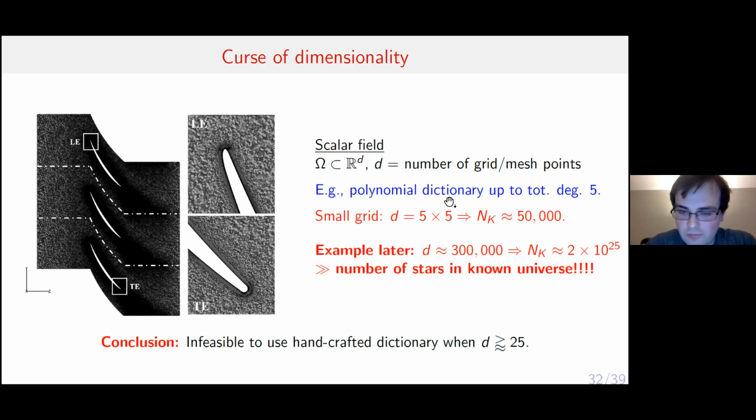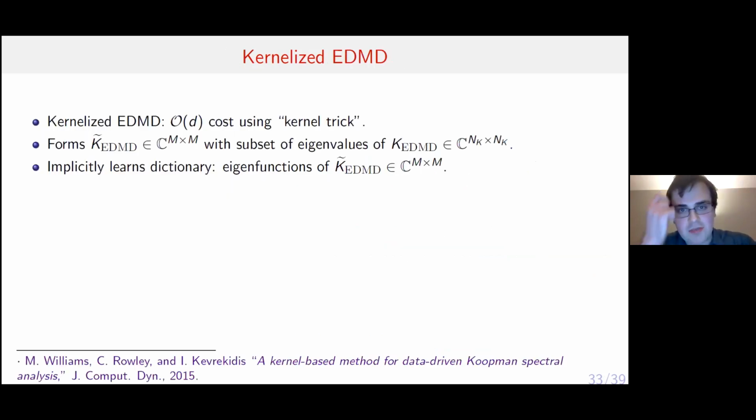Okay, so I'm going to use an idea from kernelized EDMD. This is due to this paper here of Williams and co-authors in 2015. They used the kernel trick to speed up the computations of EDMD so that they only scale linearly with the dimension D. What they do is form a reduced matrix of size m by m, which shares a subset of the eigenvalues of the usual EDMD matrix, which has size nk by nk.